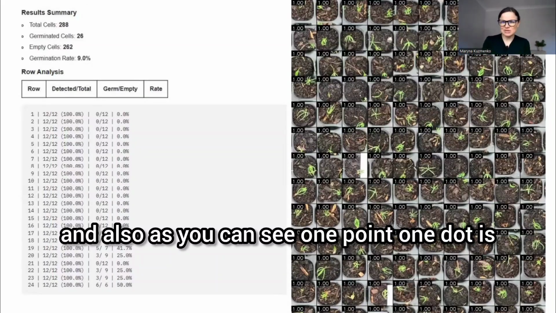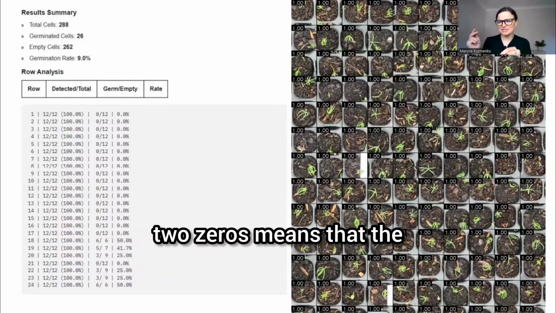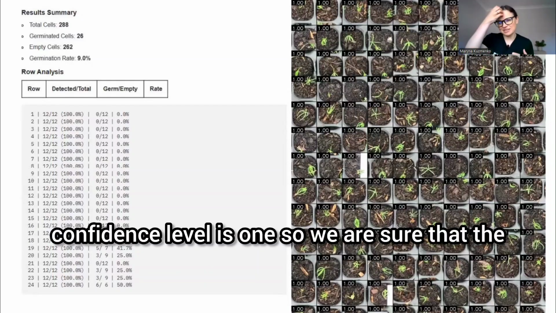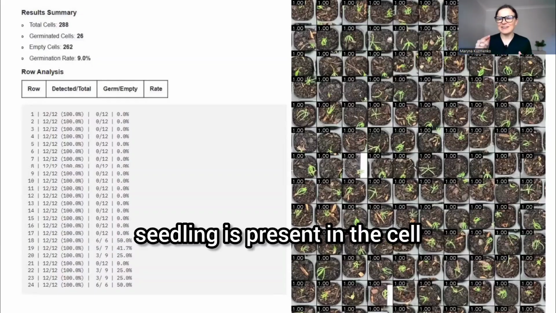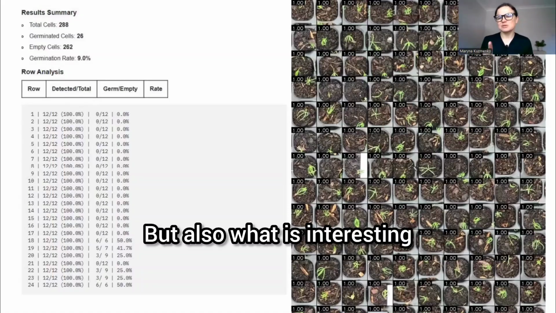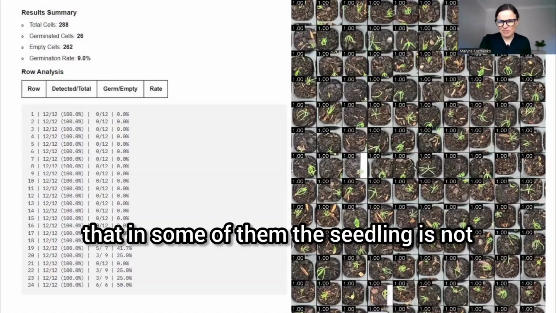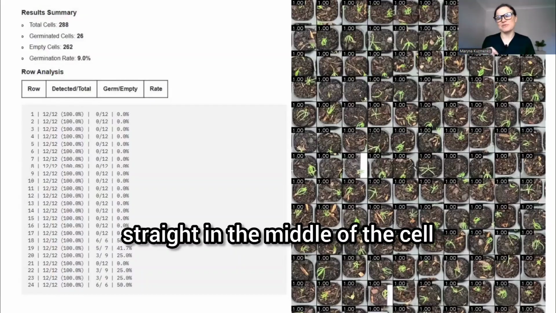And also, as you can see, 1.20 means that the confidence level is 1. So we are sure that the seedling is present in the cell. But also what is interesting is that in some of them the seedling is not straight in the middle of the cell.